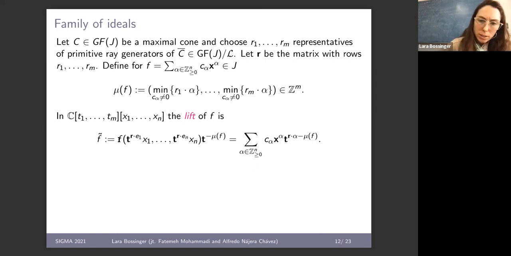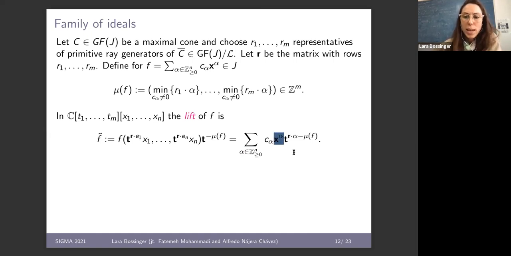So I take my polynomial f and I don't evaluate just on the x's, but I introduce also monomials in t's. So for every variable x_i, I will multiply it with a monomial in t's that is given by the product of the matrix whose rows are my ray representatives times the standard basis element. And in the end, what will happen is that the support of this polynomial is still the same.